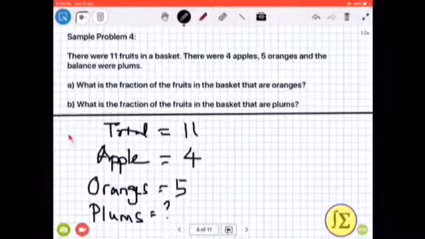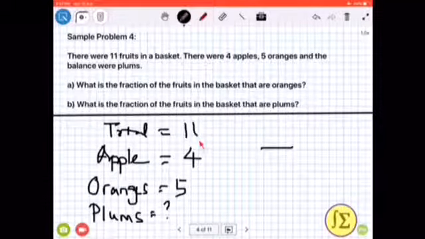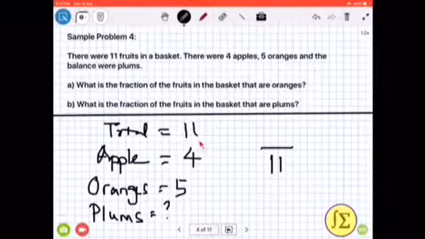As we mentioned very early in our lesson today, fractions are part of a whole or part of the total. So in this case, our total is 11. We put that as the denominator because the denominator describes the whole. The whole here is the total, 11.